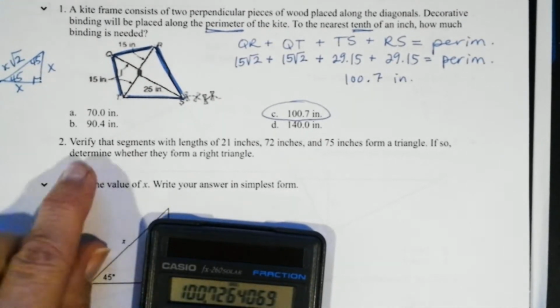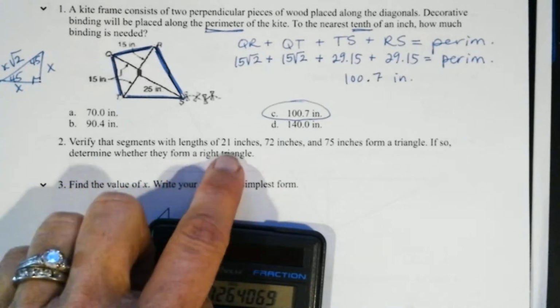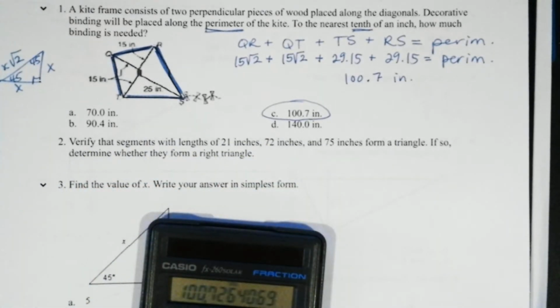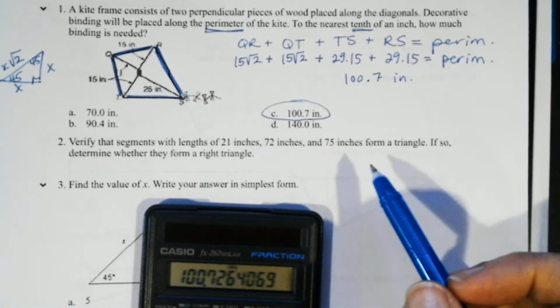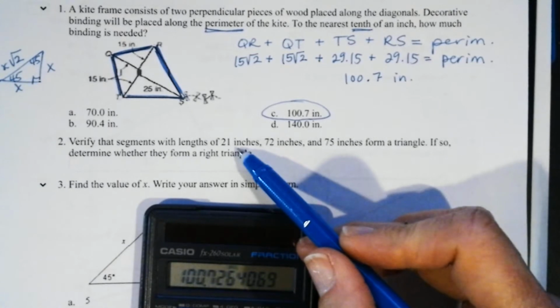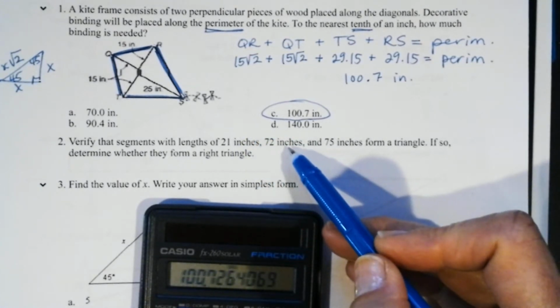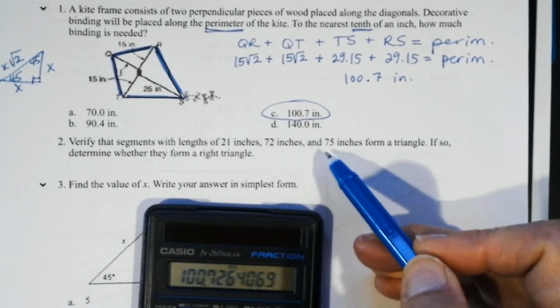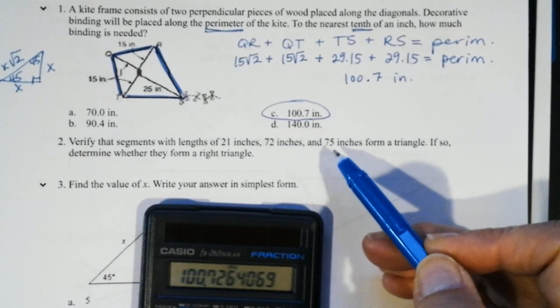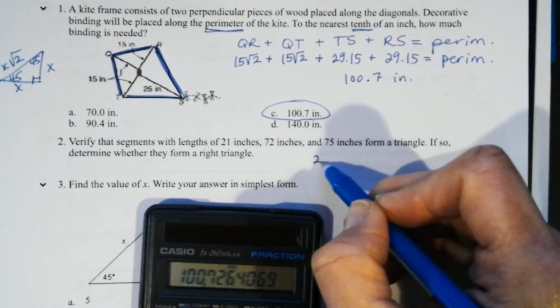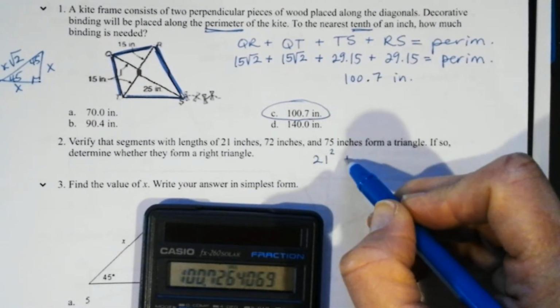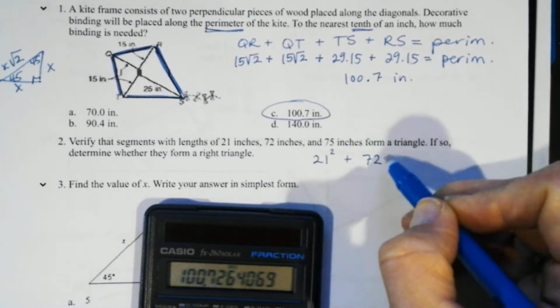Okay, number 2, verify the segments with lengths 21, 72, and 75 form a triangle. If so, determine if they're a right triangle. So right triangle would mean that 21 squared plus 72 squared equals 75 squared. So you can just try that out.